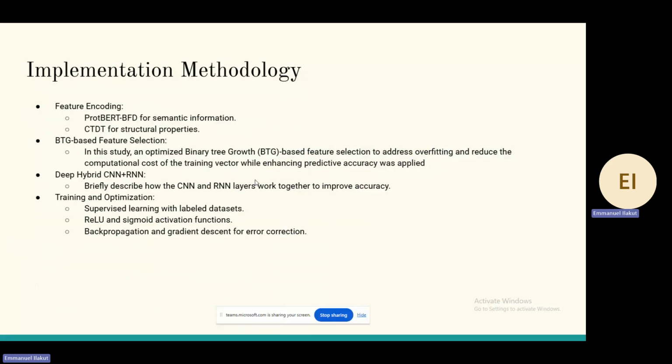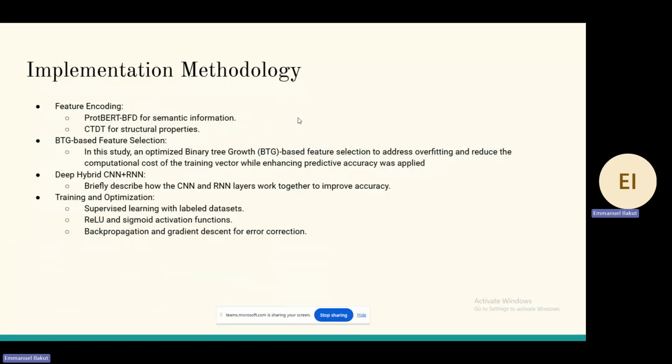Now, it's important to note that after our encoding, we ended up with about 1063 dimensions. The probability model here gave us 1024 after tokenizing and then breaking down the different peptide sequences. And then our composition features gave us about 39 features, so we ended up with about 1063 different features.